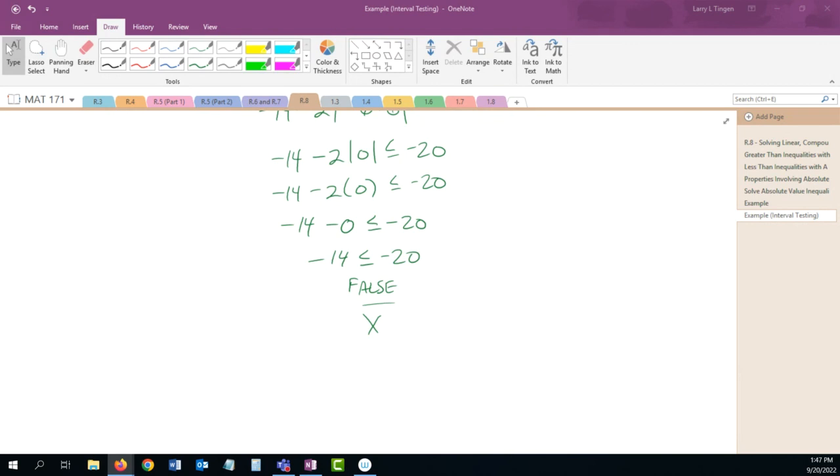Let's go in here. There's number 5 from R8. Perfect assignments. Here's R8. And I'm looking for number 5.